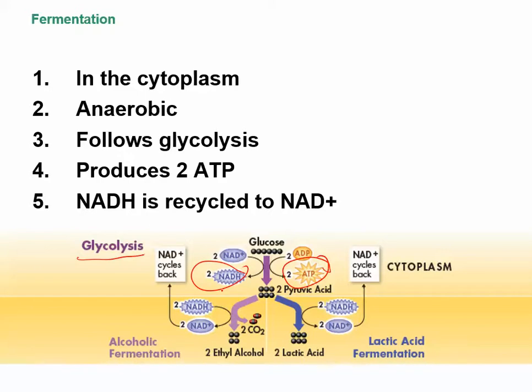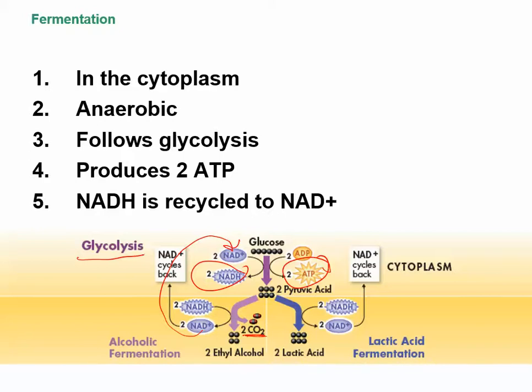This NADH, when it goes through alcoholic fermentation, will produce 2 carbon dioxides. Carbon dioxide is produced, and then the NADHs lose their hydrogens and electrons and become NAD+. This same NAD+ will come back up into glucose and be used again to produce NADH.